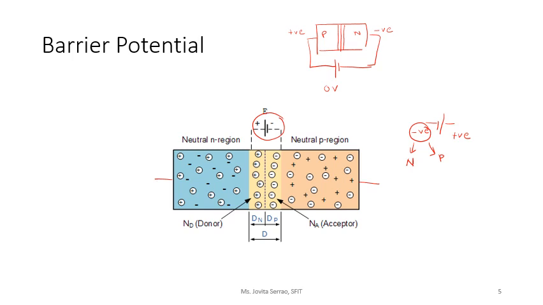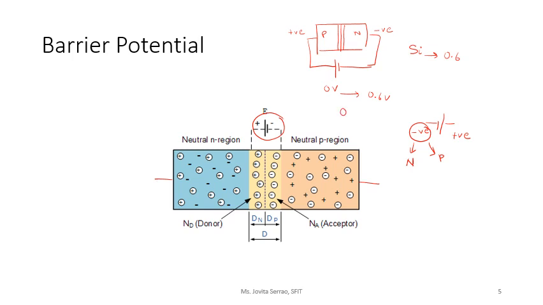What is the barrier potential of silicon? We already spoke about this. The barrier potential for silicon is 0.6 volts. So from 0 volts till 0.6 volts, this region is still there over here, so nothing is going to happen.